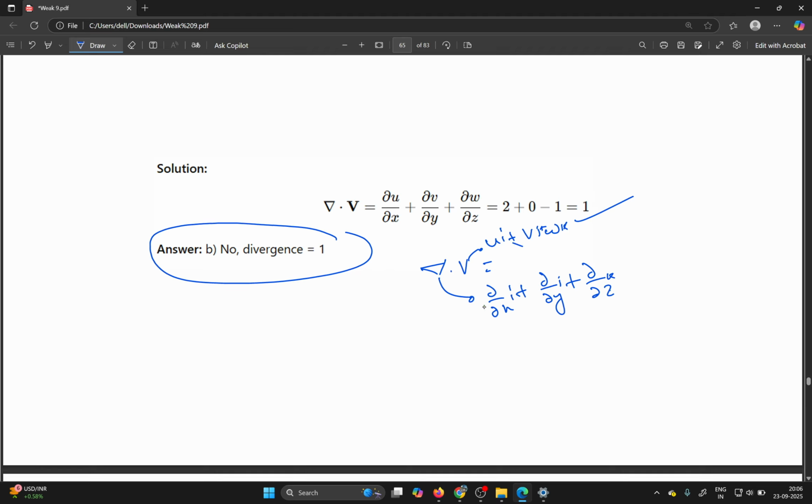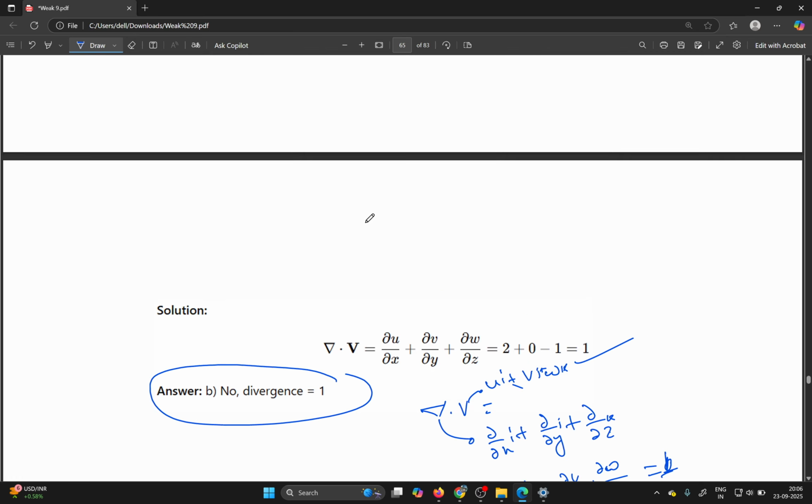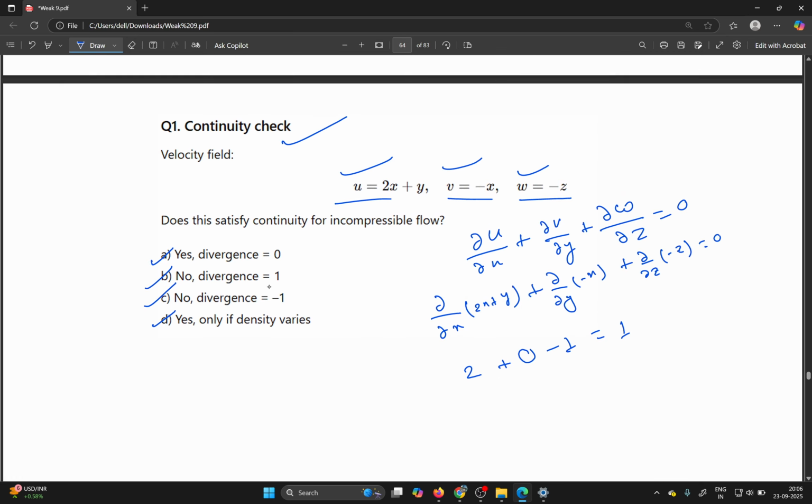Once you multiply these with a dot product, what will finally come? Del u by del x plus del v by del y plus del w by del z. This is the final equation. So divergence is coming 1. Sorry, so which option will be correct? Option B will be correct. This function is not satisfying the continuity equation for incompressible flow, and the divergence is coming 1.